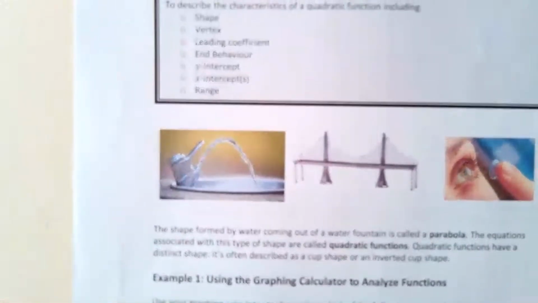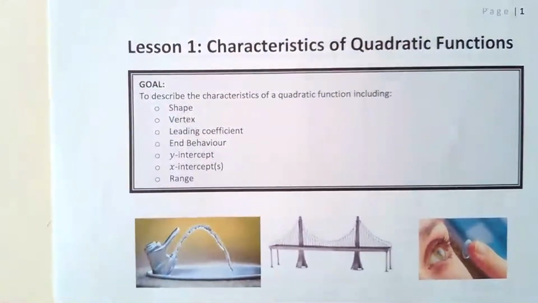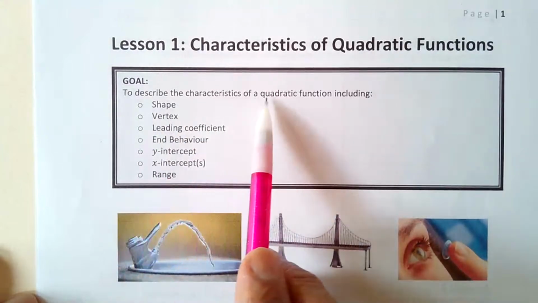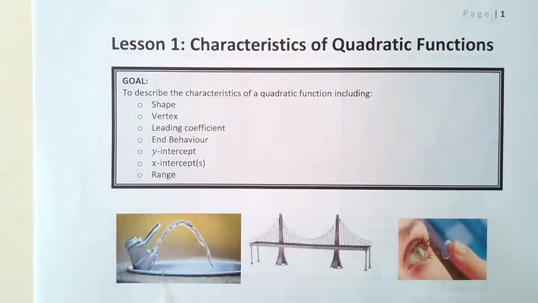So lesson 1, characteristics of quadratic functions. I've broken up lesson 1 into 2 parts. In this lesson, we'll be looking at quadratic functions. And quadratic functions are generally ones with a curve.